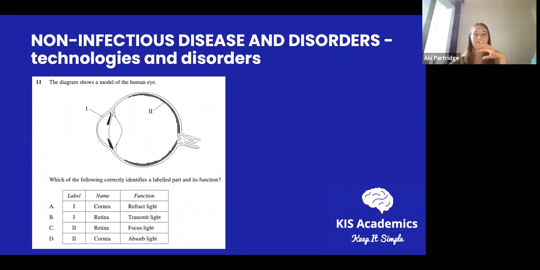But that's reabsorption, and then secretion is where in the tubules, the nutrients are being, well, not nutrients, they'd be waste products, but they're being pulled into the loop of Henle or one of the tubules.